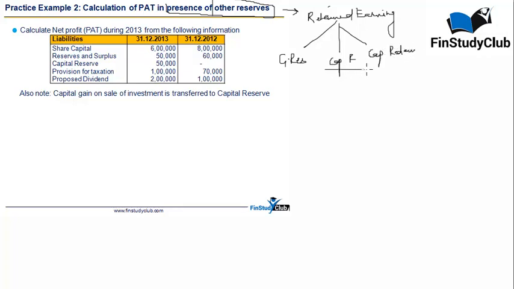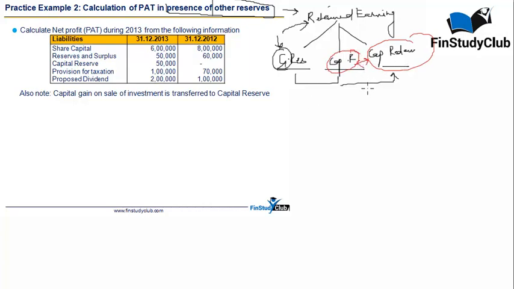All these are smaller pockets which the firm creates for a particular purpose, with the exception of general reserve, because this is really the other name of retained earnings. The nomenclature is a little different, but capital reserve and capital redemption reserve are reserves created for a specific purpose.